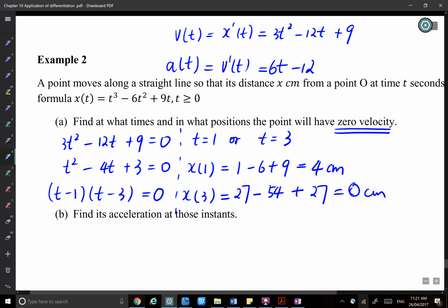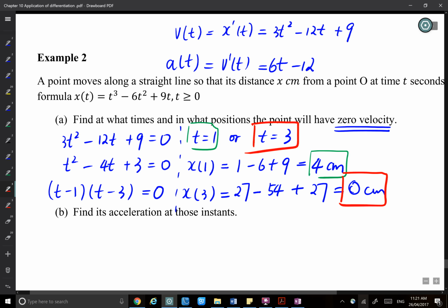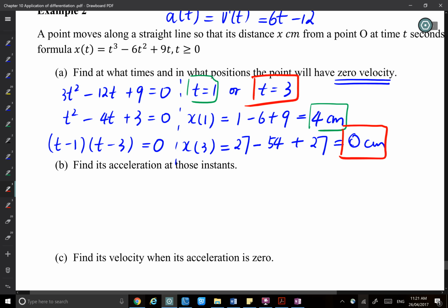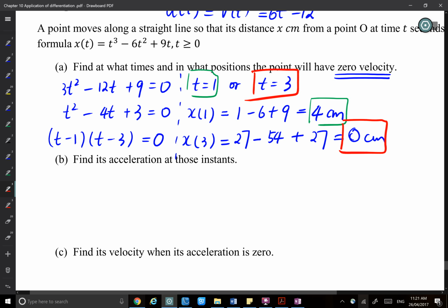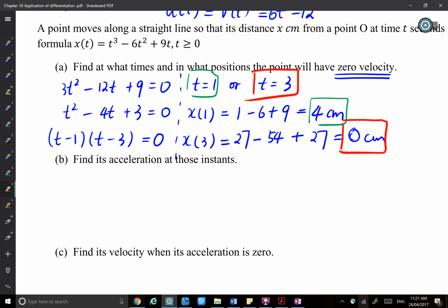Okay, it's at the origin. So at 1 second, you will be at 4 centimeters to the right. At 3 seconds, you just pass through the origin. At those two moments, you have zero velocity.